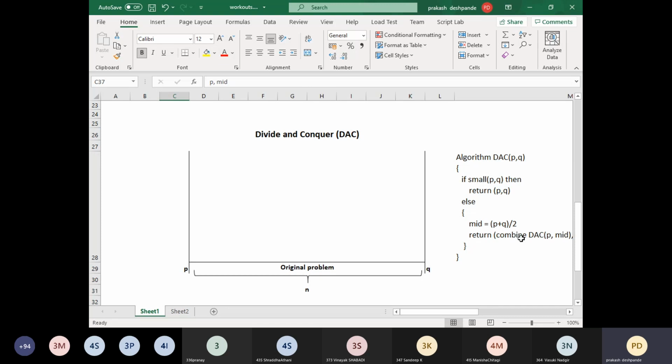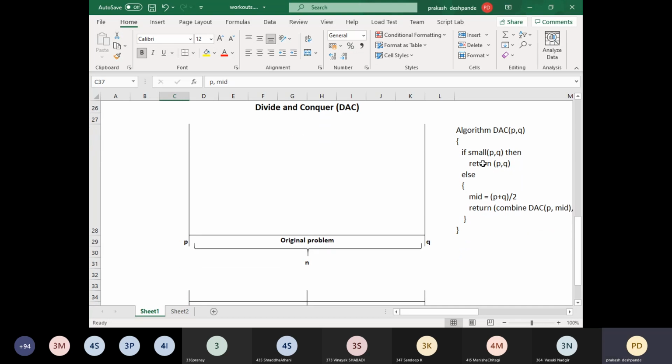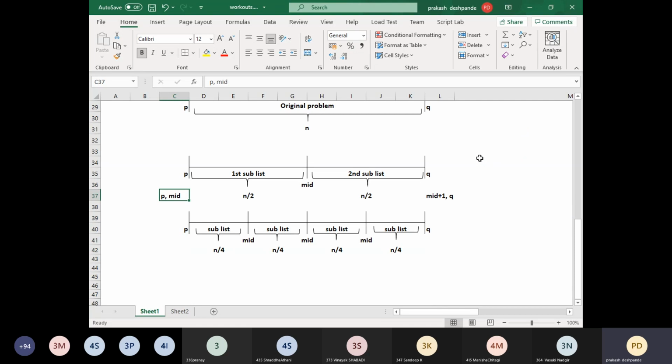Once we know the solution, we keep that particular solution with us. Now suppose it is not small enough to get the solution. Then we can further divide this into two halves by taking one more new mid position for this first half. So we will divide it again and get a new mid position.